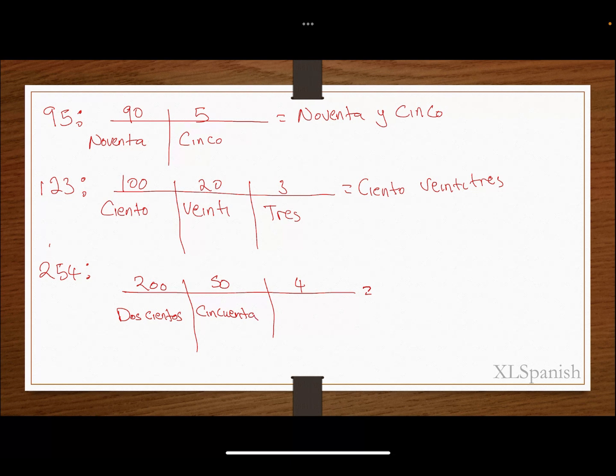And 4 is cuatro. So putting it all together would be doscientos cincuenta y cuatro.